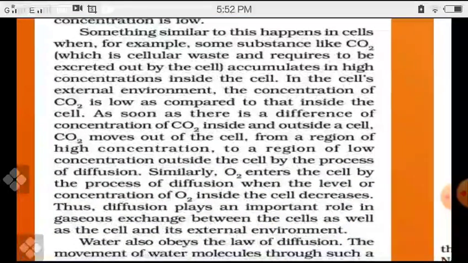For example, carbon dioxide, which is a cellular waste, requires to be excreted out of the cell. Inside the cell, the carbon dioxide accumulates in a high concentration, rather than outside the cell, that is the external environment.